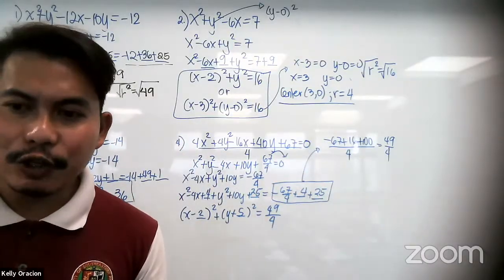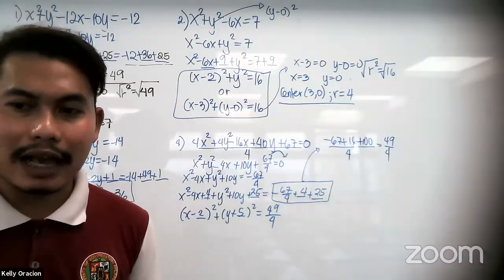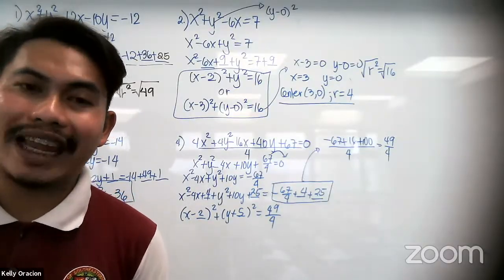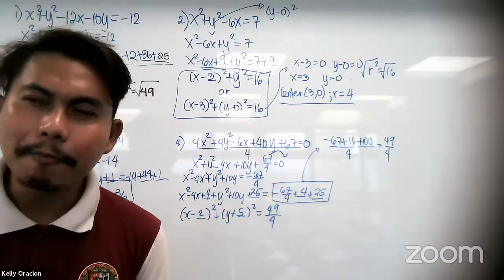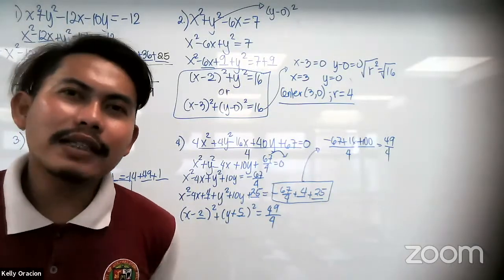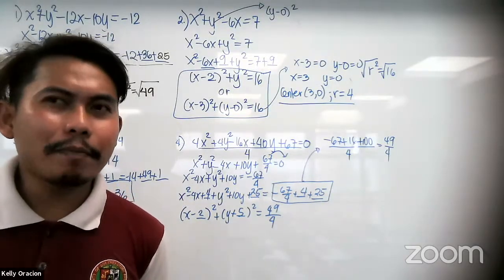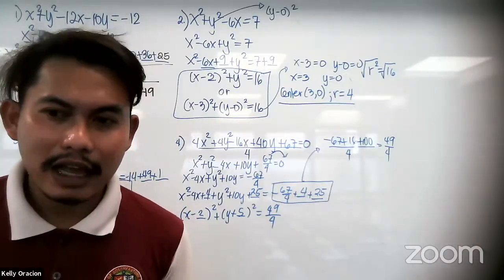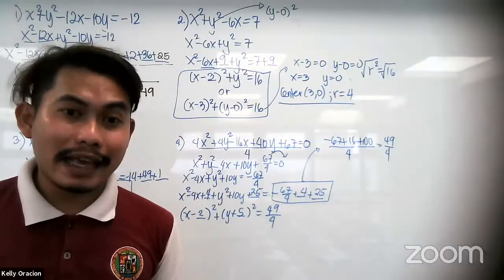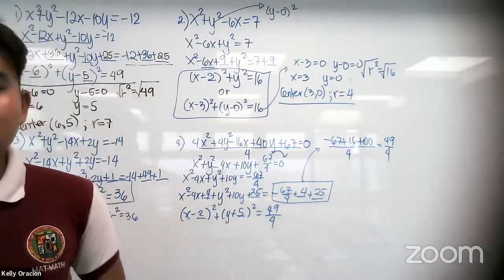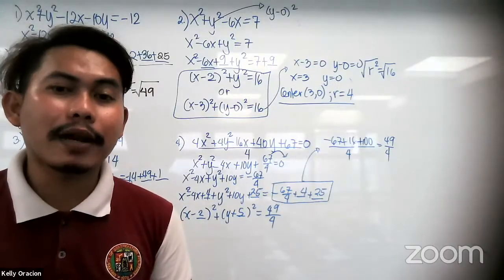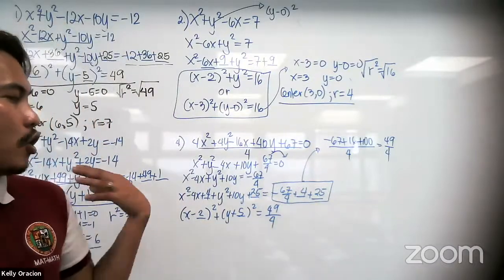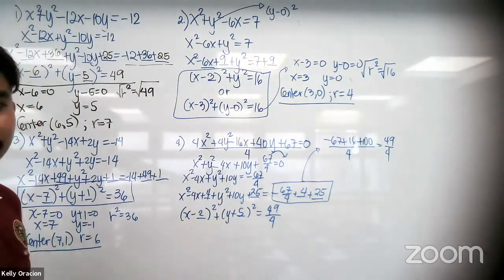Now, your question, what if they are not the same? That is applicable for ellipse and hyperbola. That is a different case, so don't worry because there will be a separate topic for that. So, let's continue here.